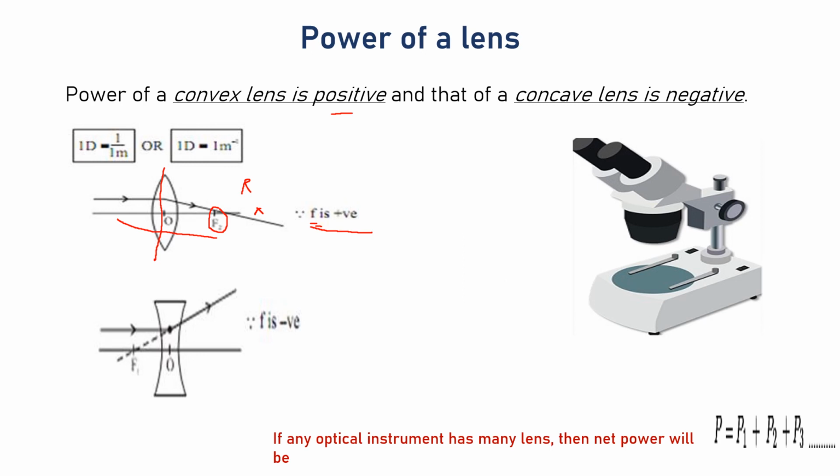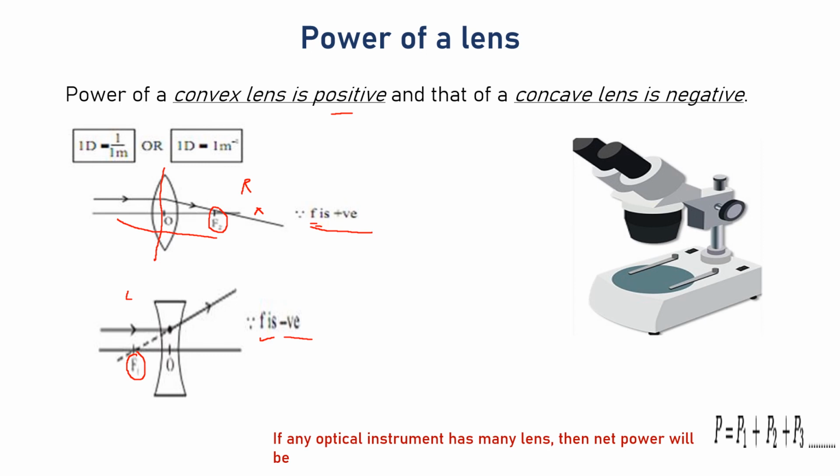In case of concave lenses, you see these rays are diverging and they are meeting on the left hand side. Here the focal point is negative, left hand side is negative. Since the focal length is negative, that is the reason the power of a concave lens is negative, right?